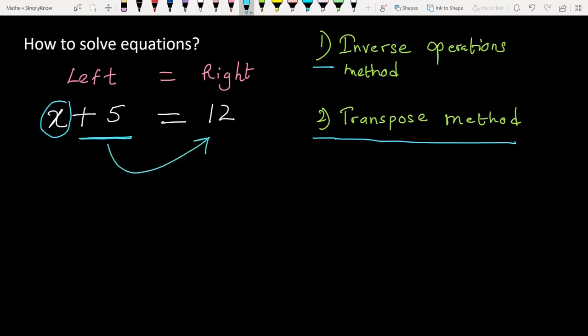But remember, when we transpose a term to the other side, to the right side, it will turn into its inverse operation. This means when we transfer plus 5 to the other side, it will become minus 5.